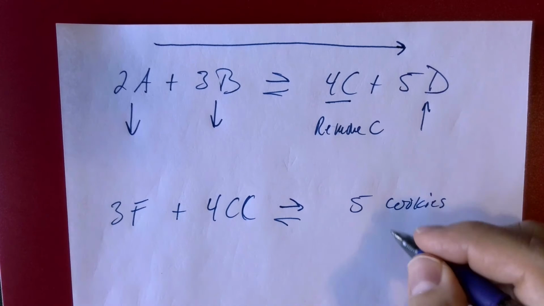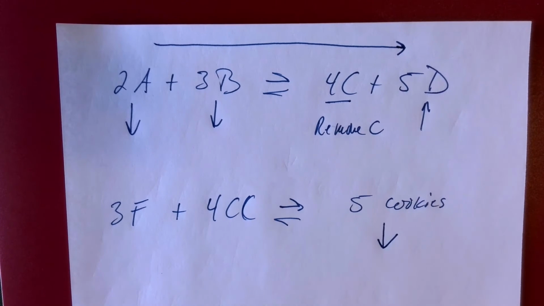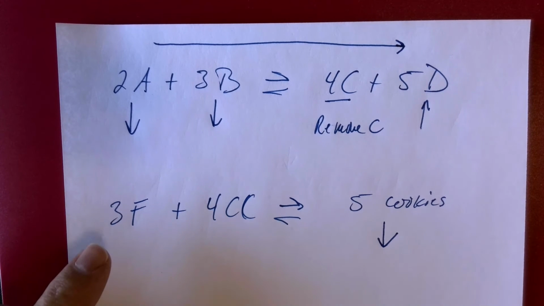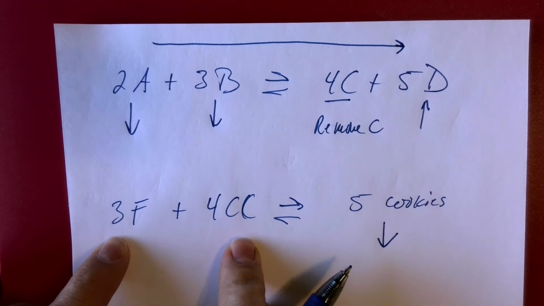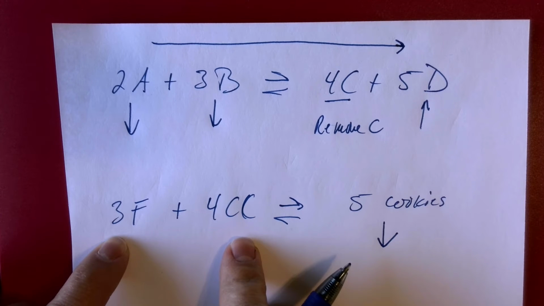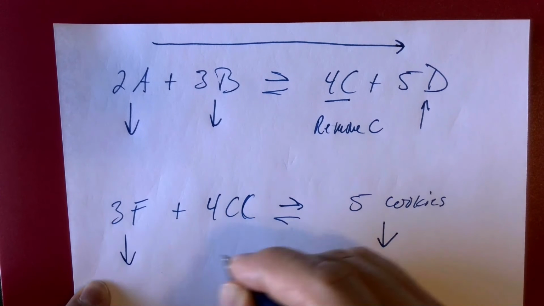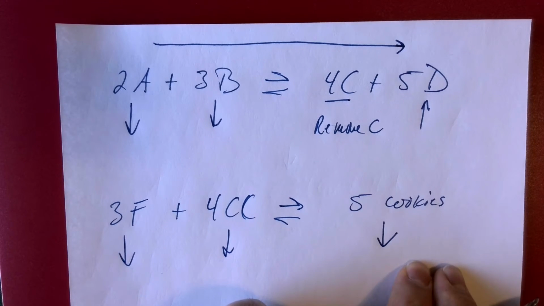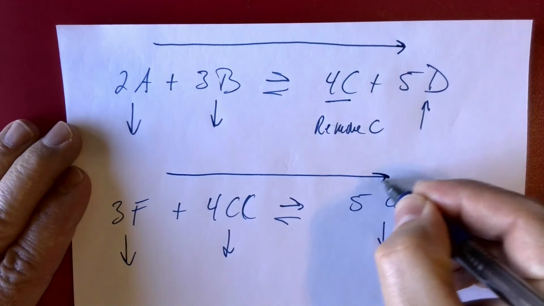So my amount of cookies I have is going down. Well, what does that mean you're going to have to do? Make more. You're going to have to replace those cookies he ate, right? Well, what's that going to do to the amount of flour and chocolate chips I have in my house? It's going to go down, isn't it? Because I'm going to take them and I'm going to turn them into that. So it's going to put it that way.